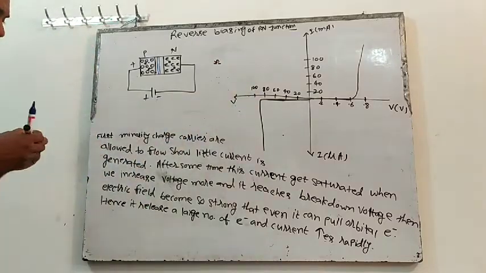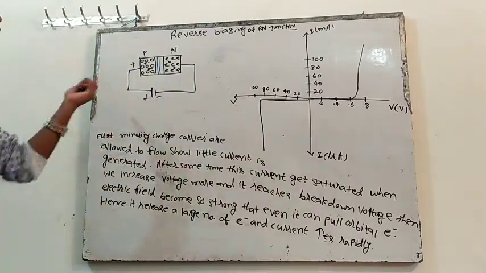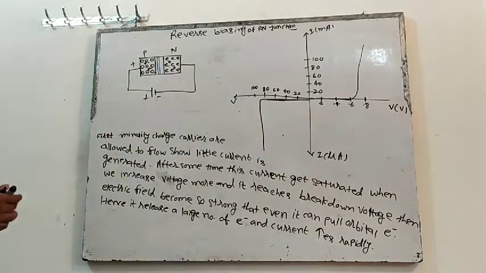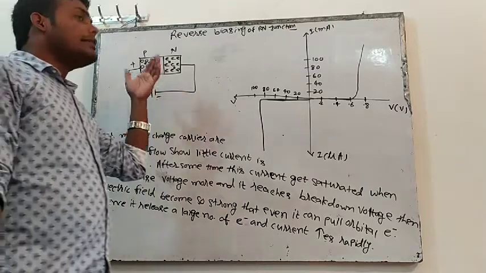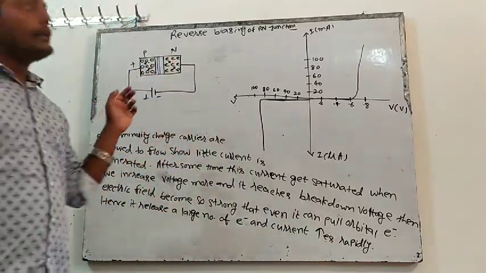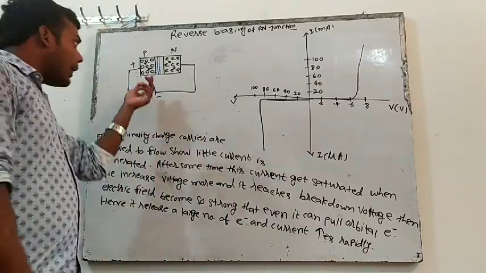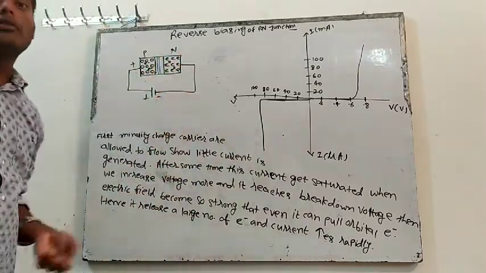That means electron can go to hole and hole can go to electron, and when we connect any PN junction in forward biased mode, it will start behaving like a conductor, because after some time this depletion region will also vanish.